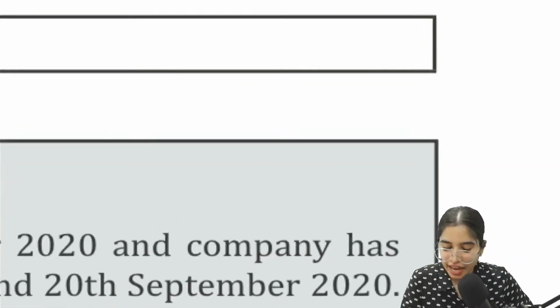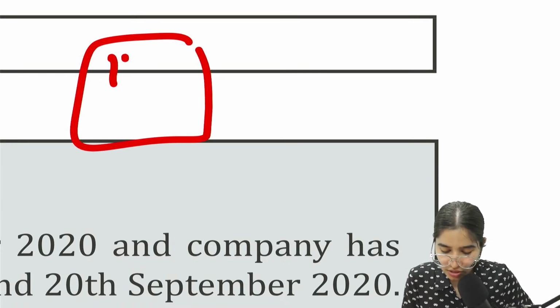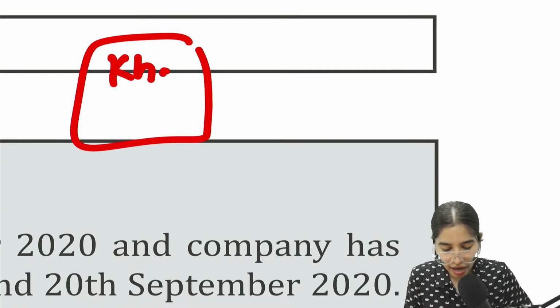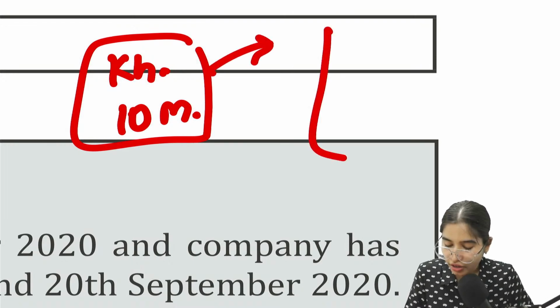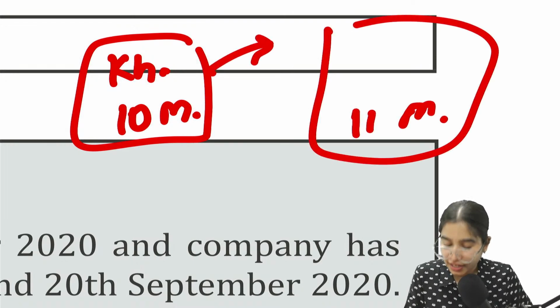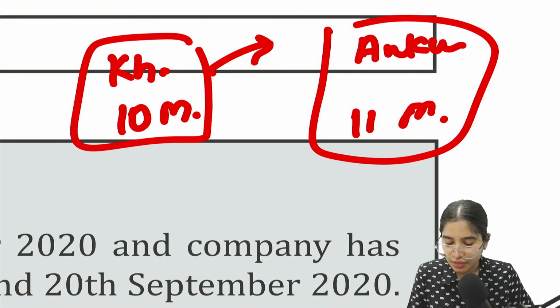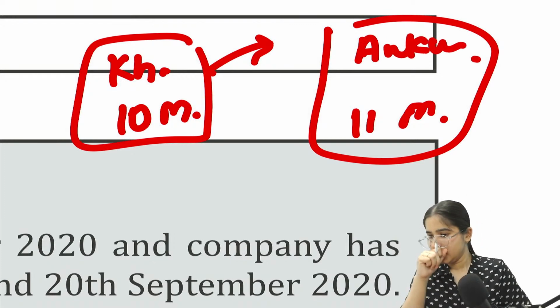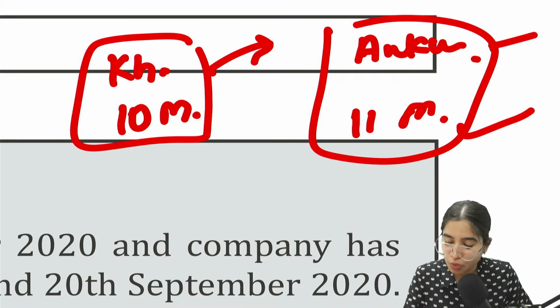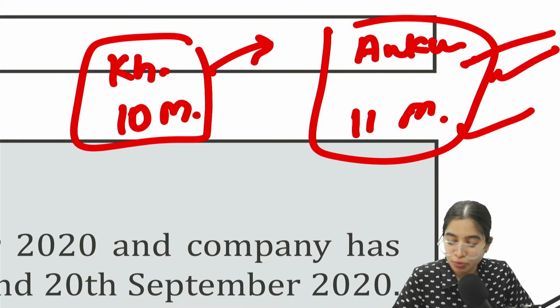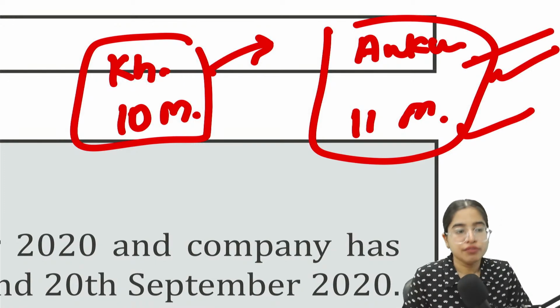So let's say I appointed Khushi as the proxy on 10th May. Then again on 11th May I appointed, let's say, Ankush as proxy. Sorry, if on 11th May I have appointed Ankush as proxy, then the proxy which is deposited later will be valid.